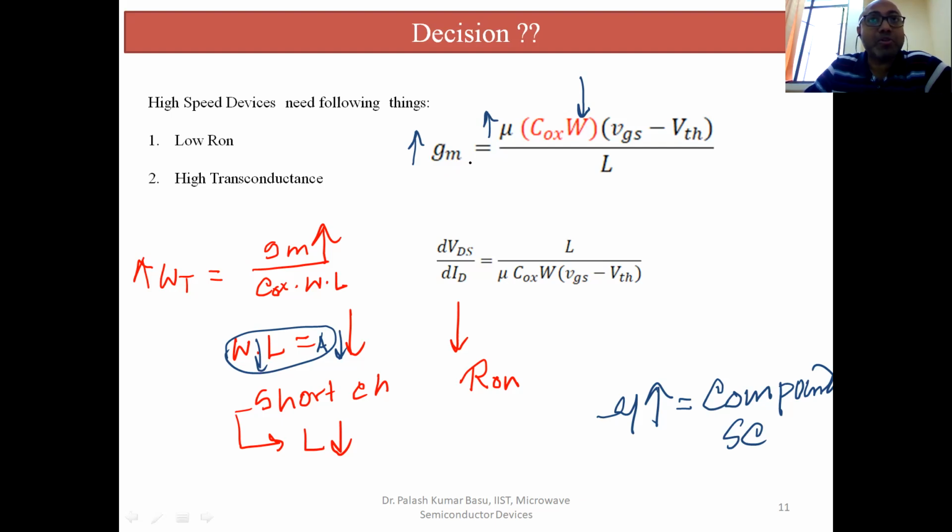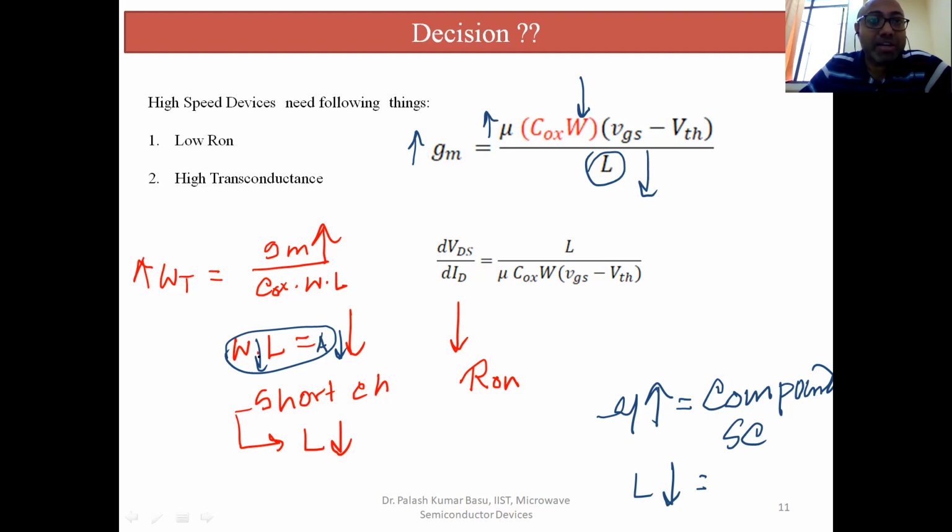So if you decrease W, your GM also decreases. So don't touch W if you really don't need to; rather, play with the L. You need to have a low L. If you have a low L, your GM is high, so that means your transit frequency is also high.